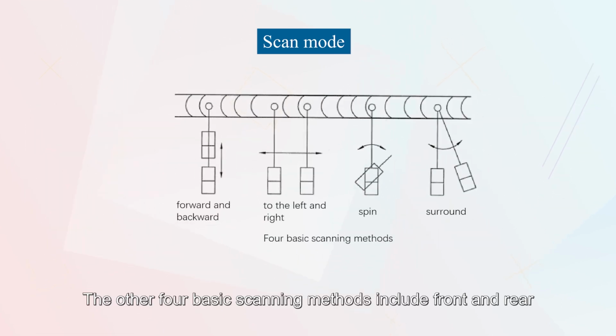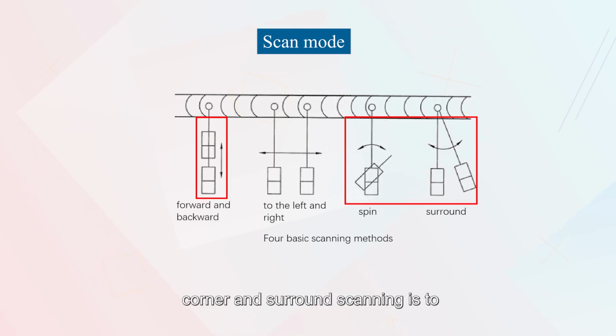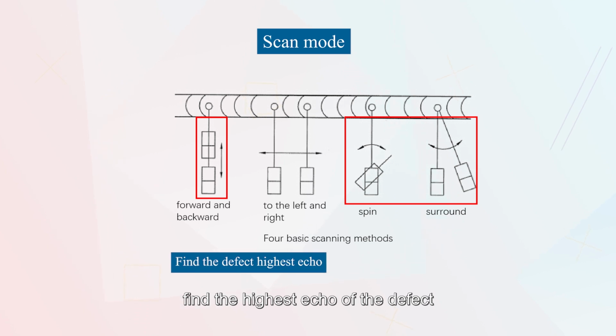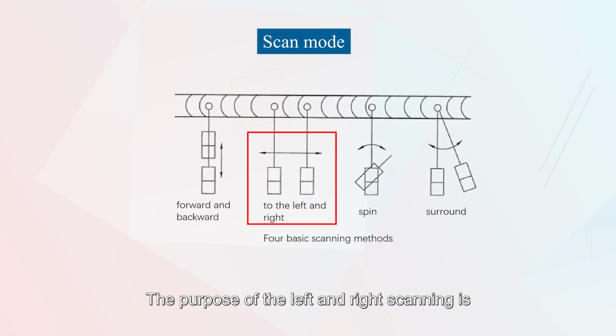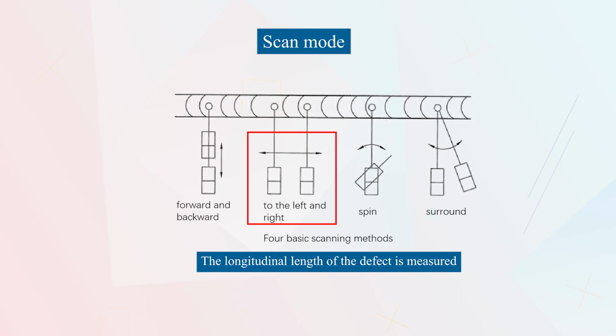The 4 basic scanning methods include front and rear, corner, surround, and left and right scanning, as shown in the figure. The purpose of front and rear, corner and surrounding scanning is to find the highest echo of the defect. The purpose of the left and right scanning is to measure the longitudinal length of the defect.